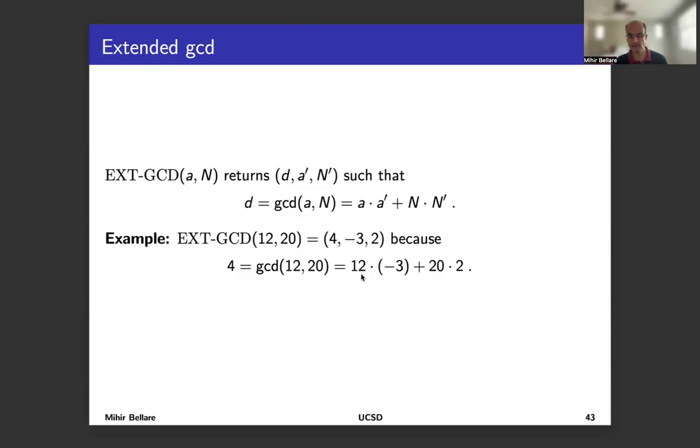For that, I need to ask, what are the numbers here and here such that 12 times this plus 20 times this gives back 4? A little trial and error will show that -3 and 2 works. 12 times -3 is -36, plus 40 is 4. Notice in particular that these weights can be negative.